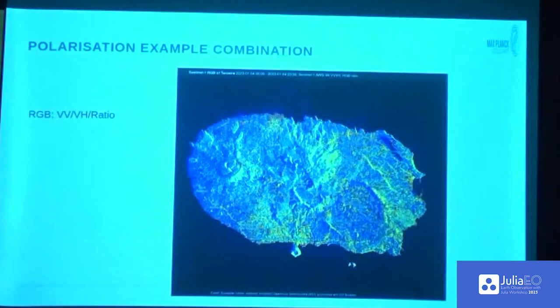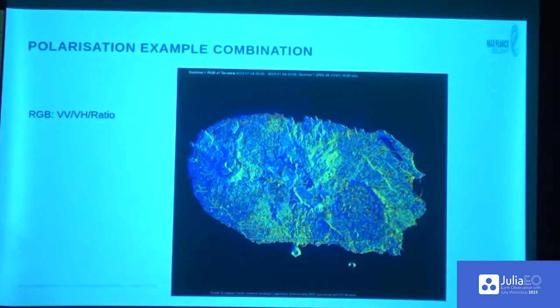And then you can also combine these in making an RGB image of the VV, the VH, and the ratio data to derive even more structure from it.